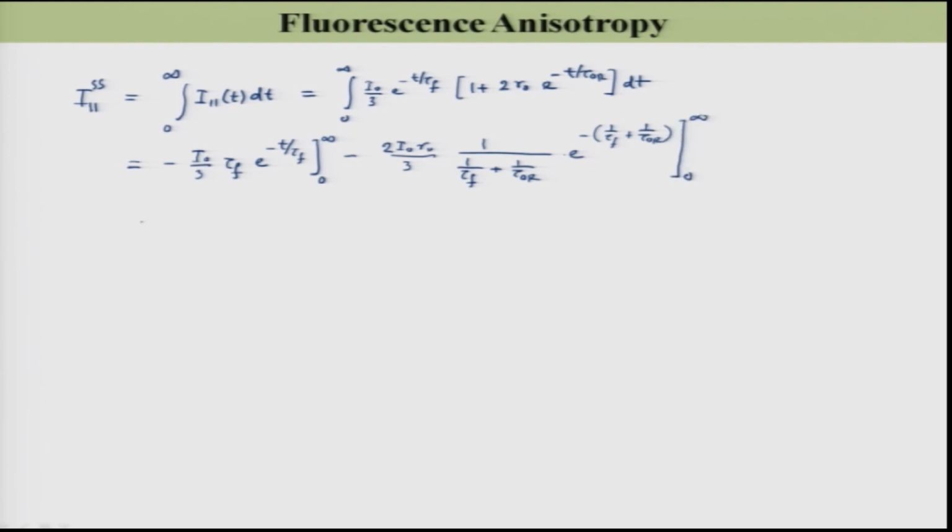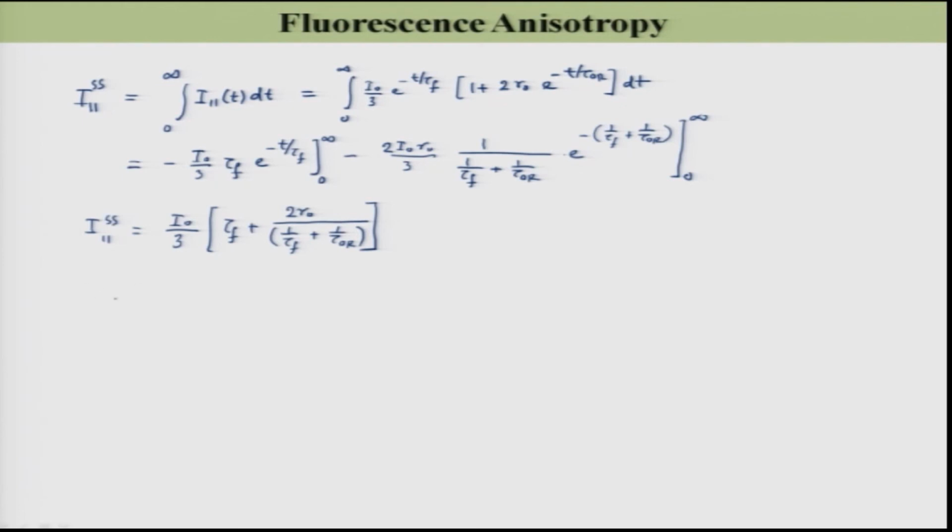If you put this limit, what you will get is I 0 by 3 into tau f plus 2 r 0 divided by (1 over tau f plus 1 over tau r). So, you will get I parallel steady state as this.